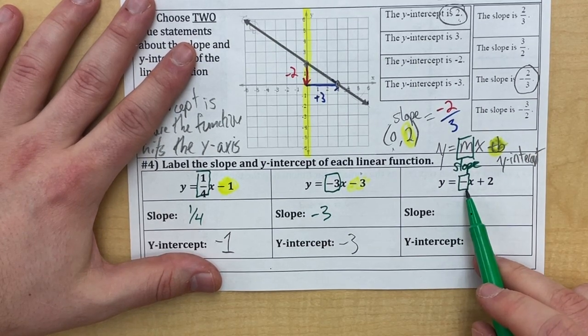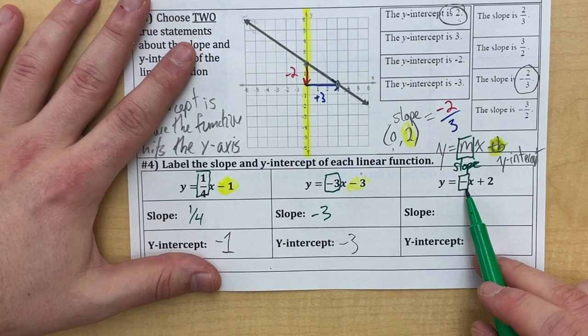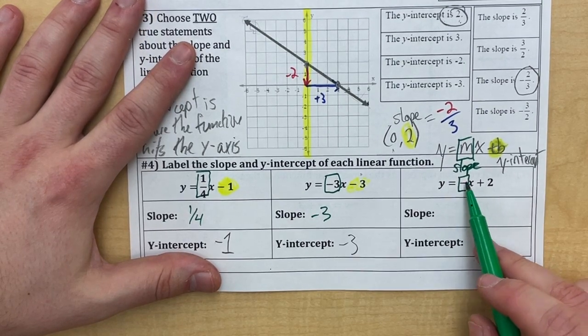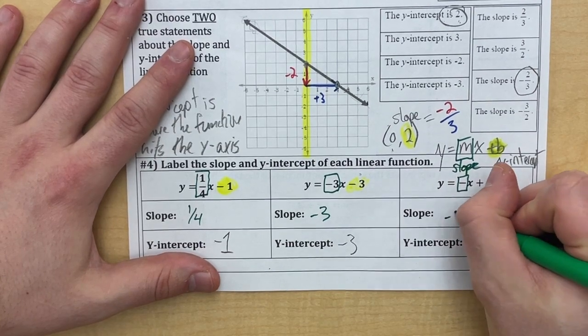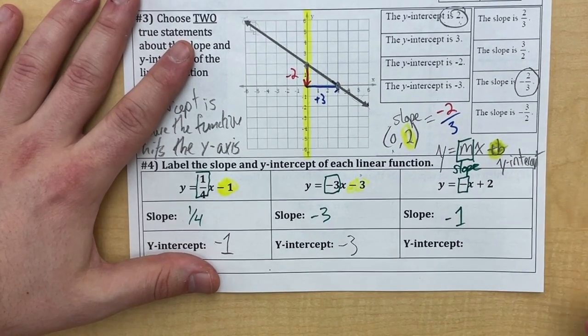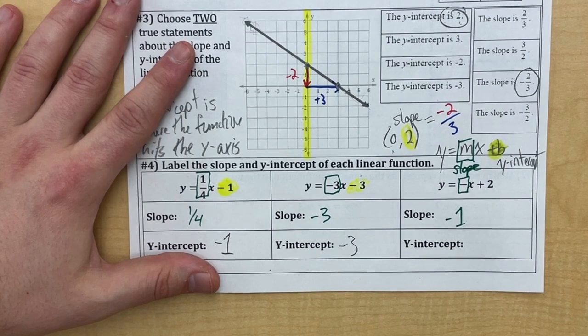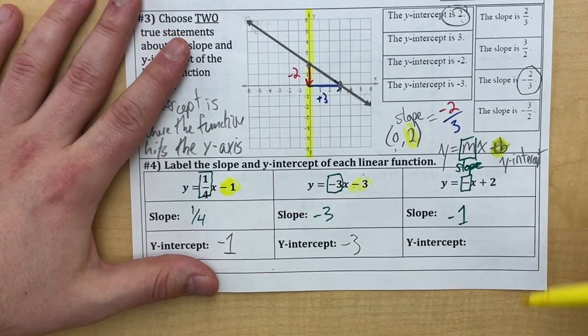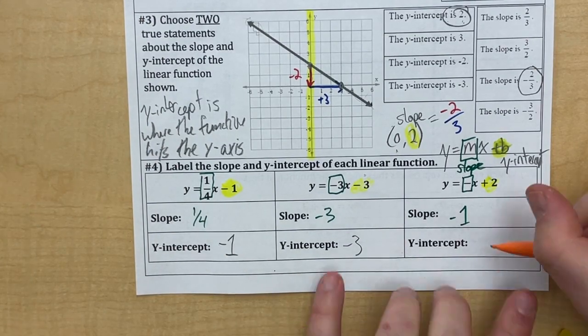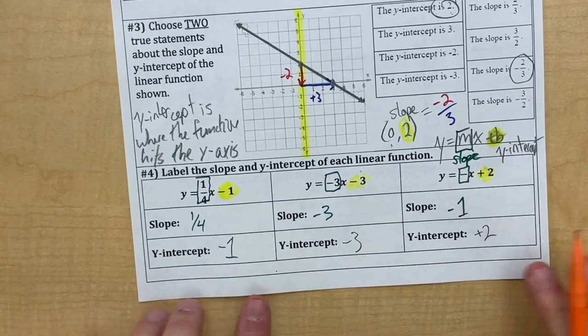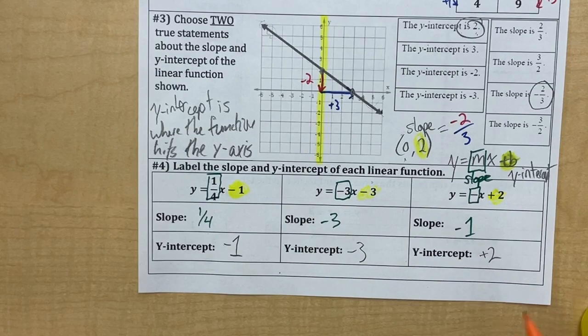You're only looking at that negative sign. You're probably thinking, well, what's the value to go along with it? If you're ever unsure, how many x's do you see here? Well, you have 1x, so it would be just -1. That means we're going down 1 step for every step to the right. And our y-intercept for this one is going to be +2. So again, real simple. Probably one of the easiest ones to do is just labeling those from the equation given.